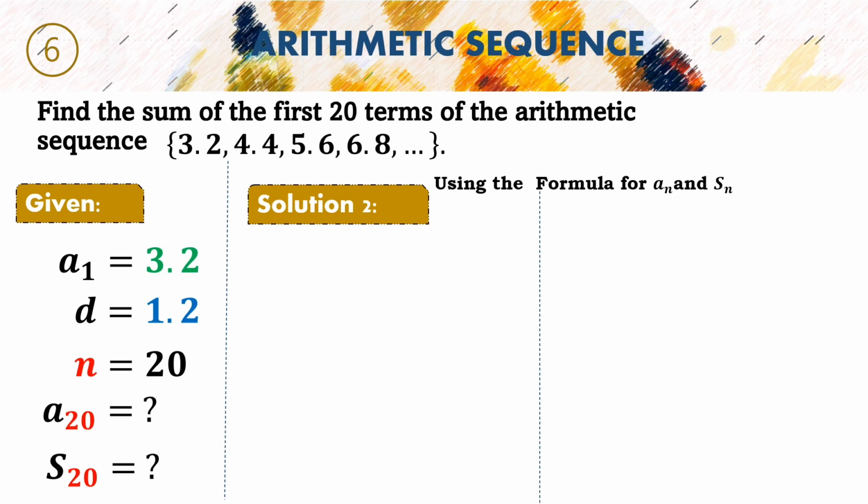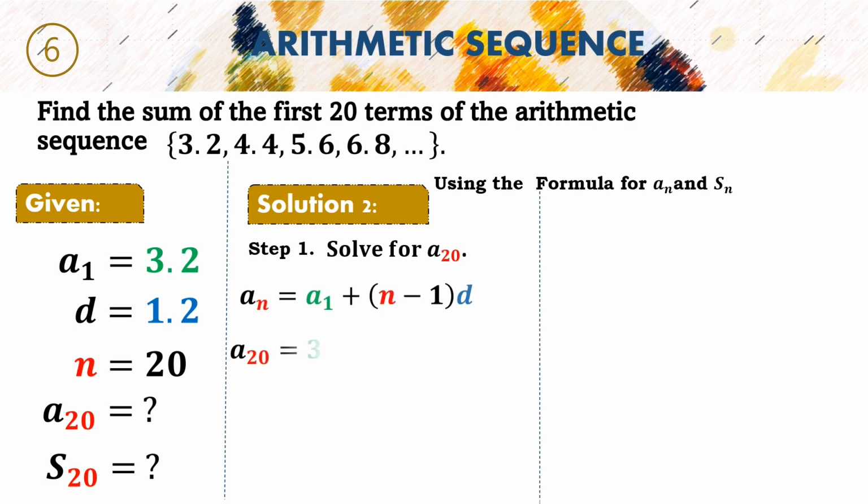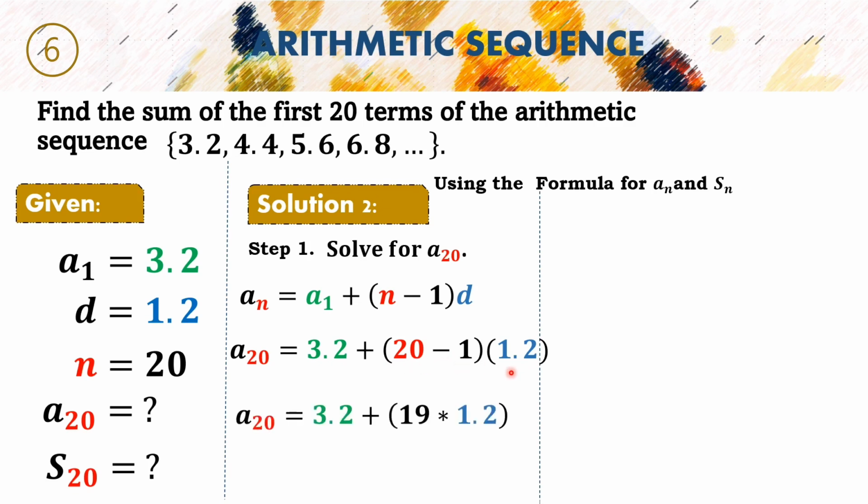Substitute the given. That is a sub 20 equals 3.2 plus 20 minus 1 times 1.2. That is a sub 20 equals 3.2 plus 19 times 1.2. Therefore, a sub 20 is 26.